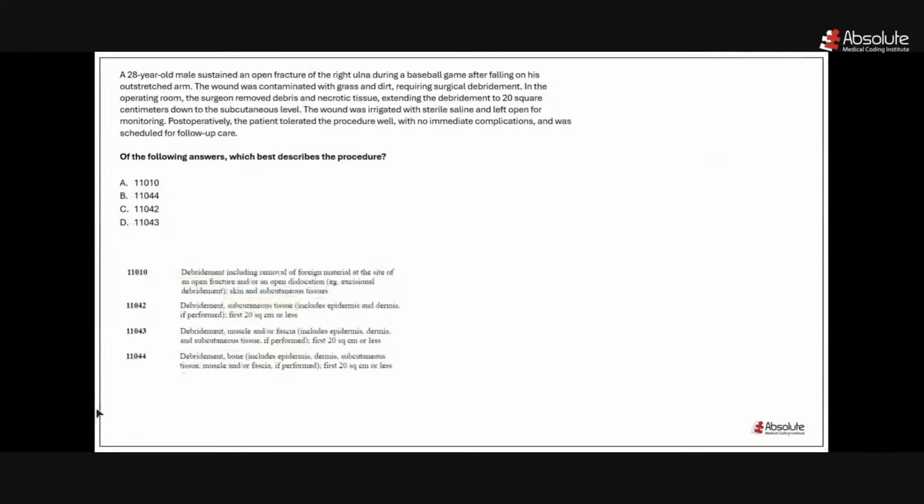All right, so you must have seen the answer by this time. Here in our scenario, we have a diagnosis of open fracture of the right ulna, and a procedure of surgical debridement. Now the question is, where was the surgical debridement performed? Let me know in the chat. Where was the surgical debridement performed in this scenario? Okay, great.